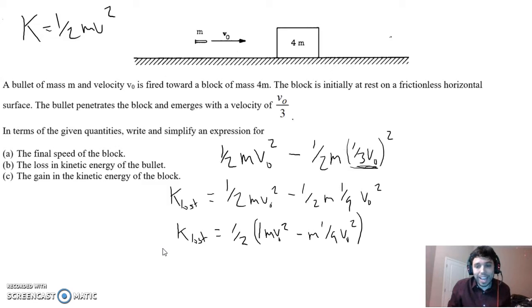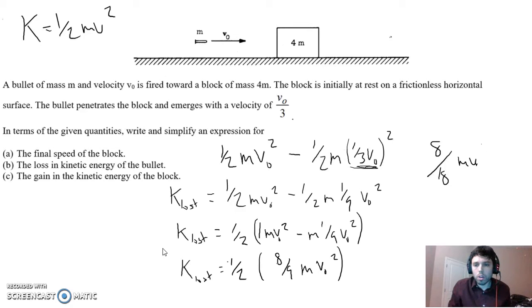You get 8/9, right? So it's going to be K lost equals 1/2 times 8/9 times m v naught squared, and then I'll multiply by 1/2. So just do 1/2 times the fraction 8/9. 8 times 1 is 8. 2 times 9 is 18, times mv naught squared.